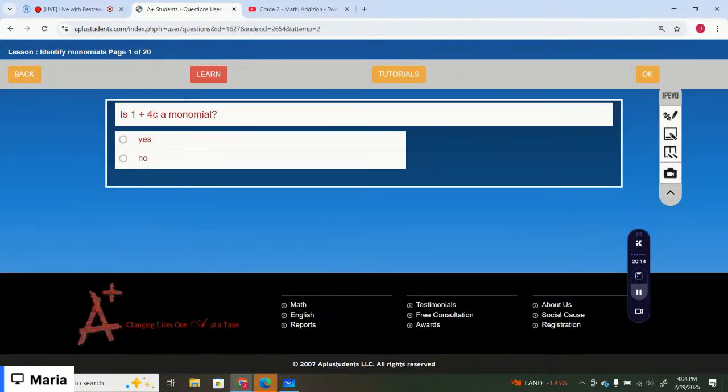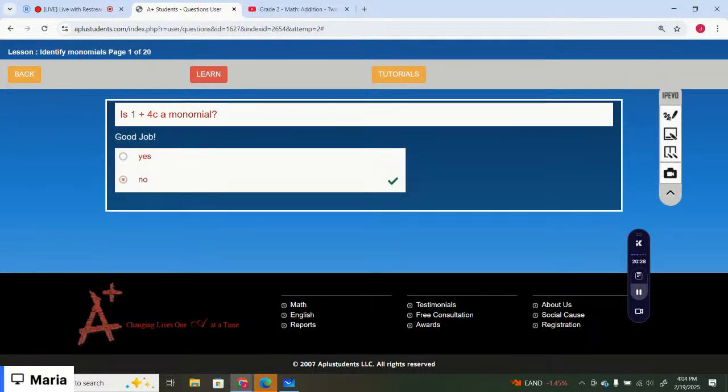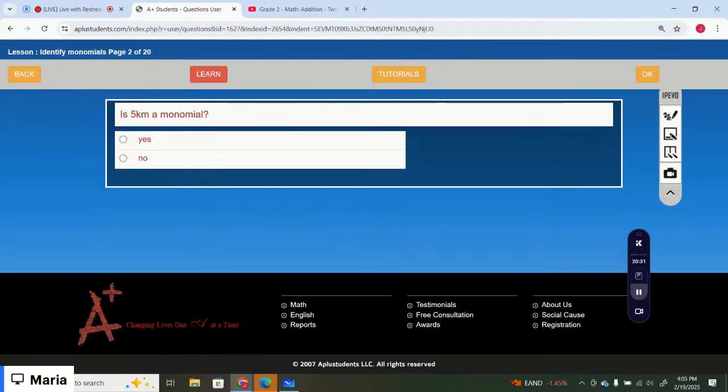Is 1 plus 4c a monomial? No, that is not a monomial. Option 2 is the correct option. Is 5km a monomial?